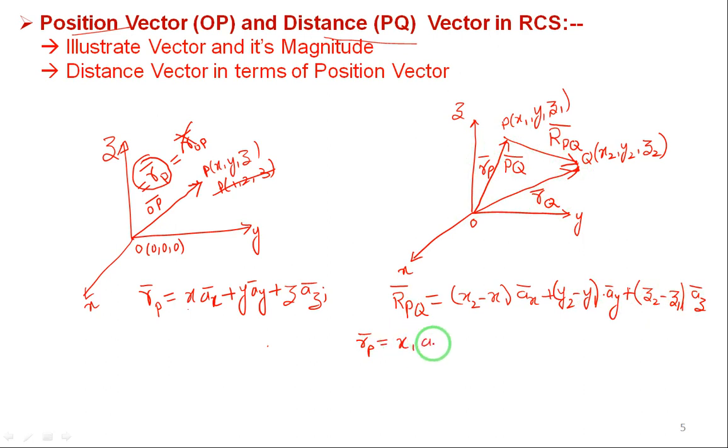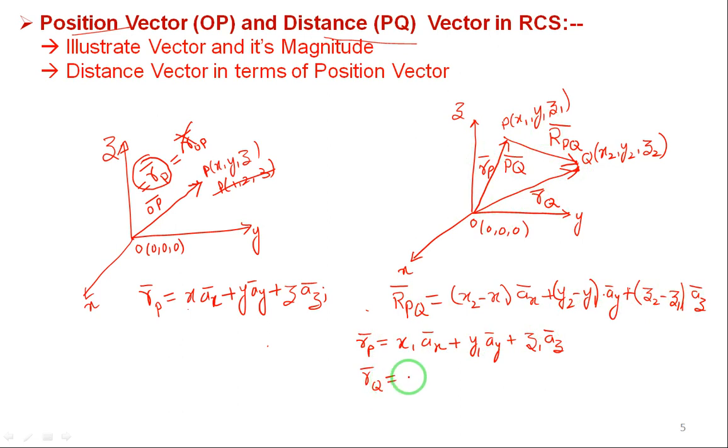So x1 into ax plus y1 into ay plus z1 into az. So this is the RP vector, because the other point, the origin, has the coordinates 0, 0, 0. If we apply the distance formula also, we are subtracting 0, so we will get the same coordinates x1, y1, z1 along with the unit vectors. Similarly, write the RQ vector.